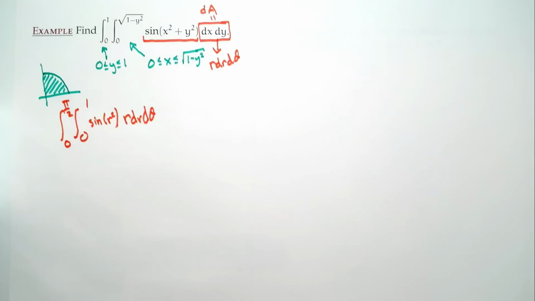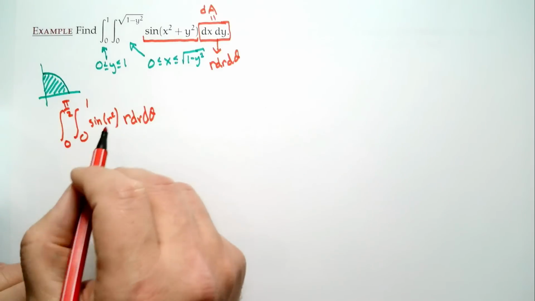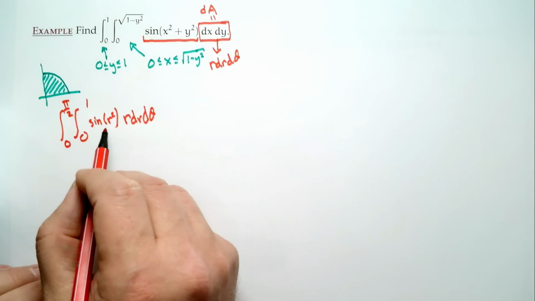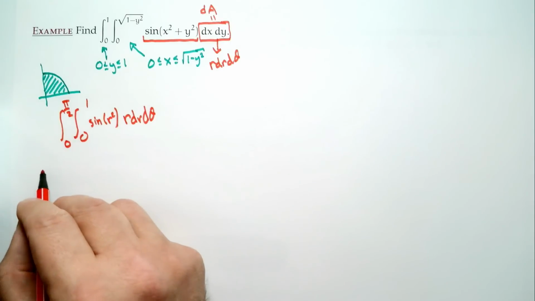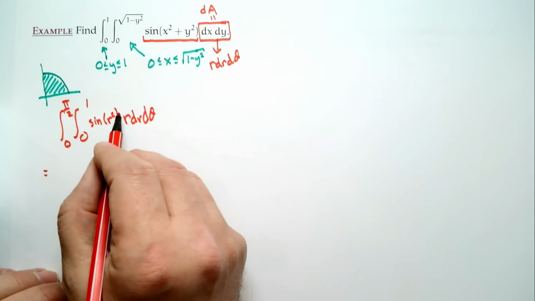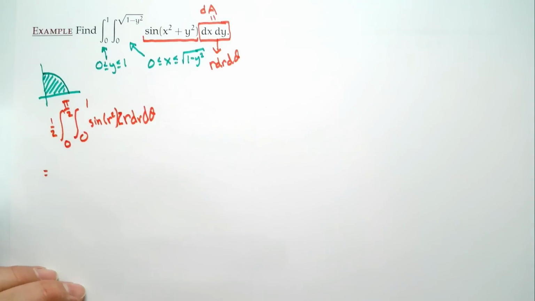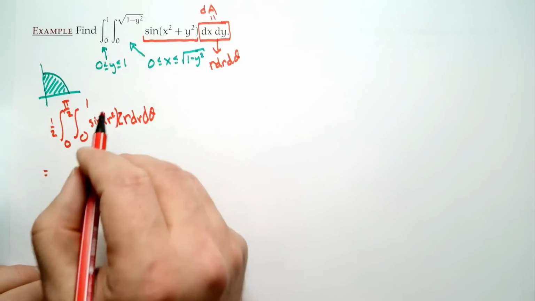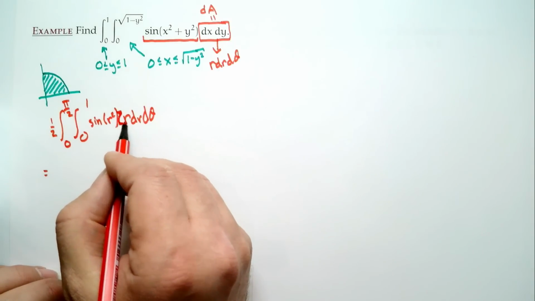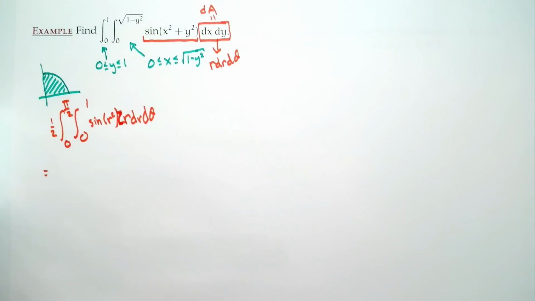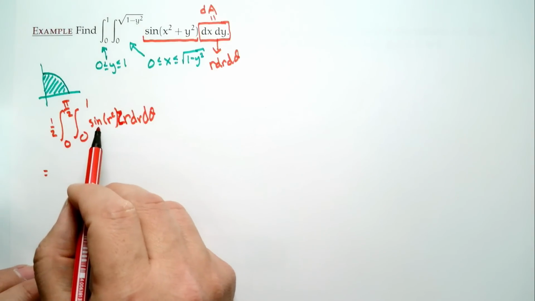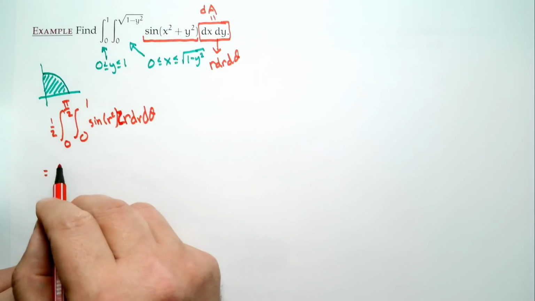All right. Good. Well, can we integrate sine of r squared r dr? If it helps, we can put a 2 there and a 1/2 out in front. If it doesn't help, you can still do it. Do we know the antiderivative of sine of r squared times 2r dr?